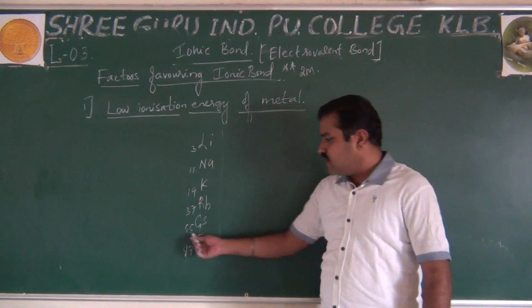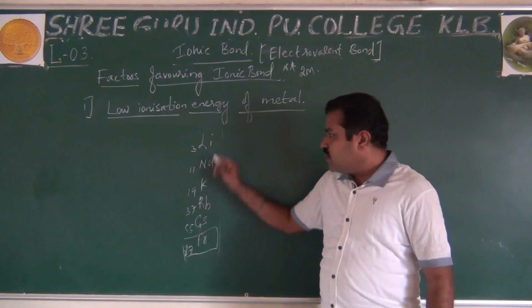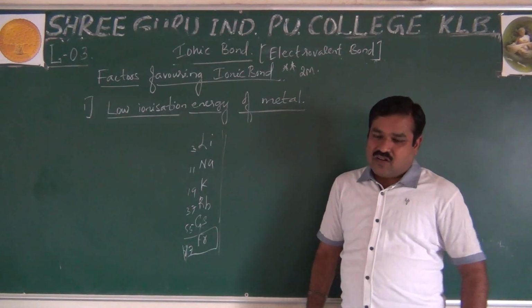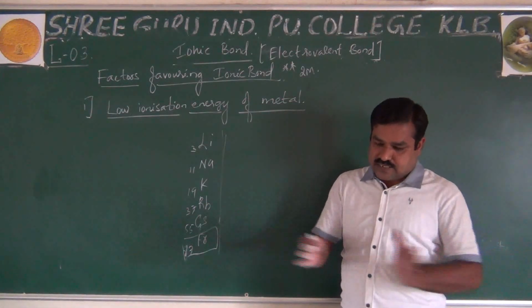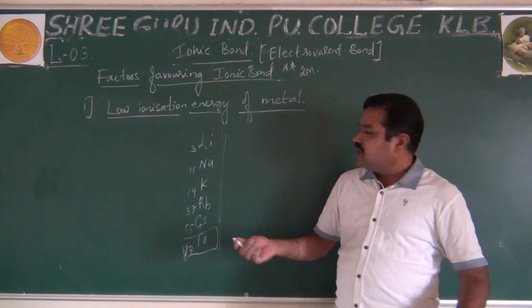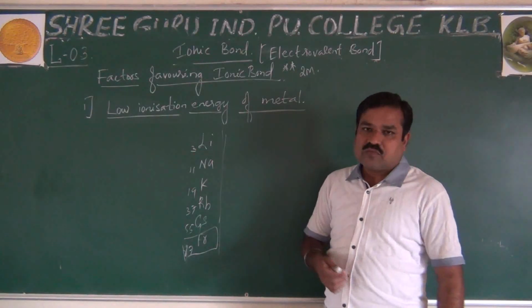Francium is a radioactive element, leave this. As you go down the group, atomic size increases. Atomic radius increases. Distance between the nucleus and outermost orbit increases. Then you can easily remove the electron.